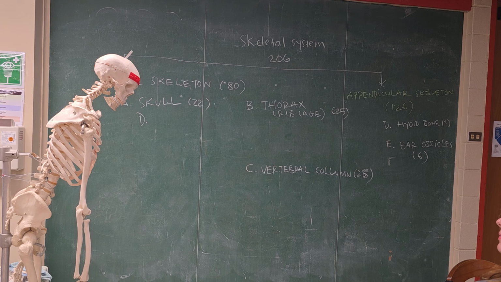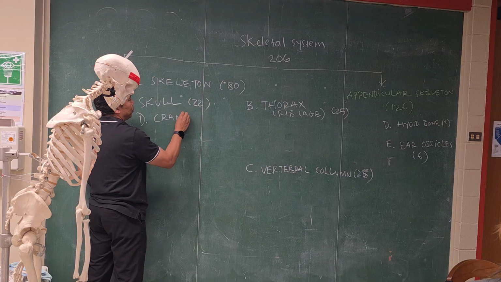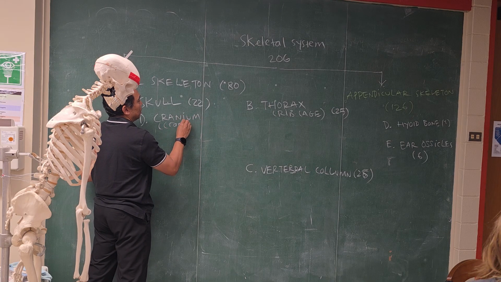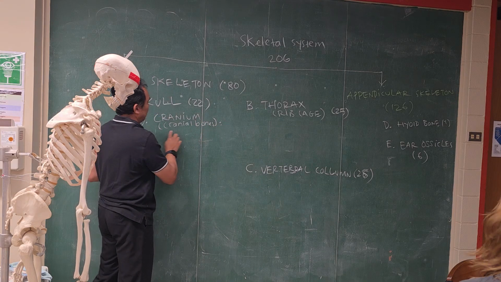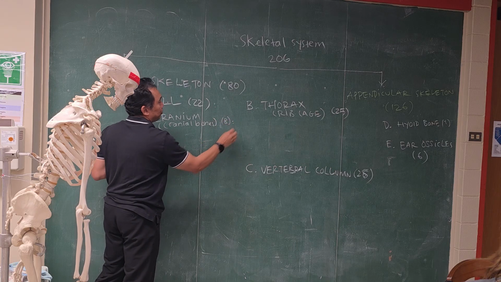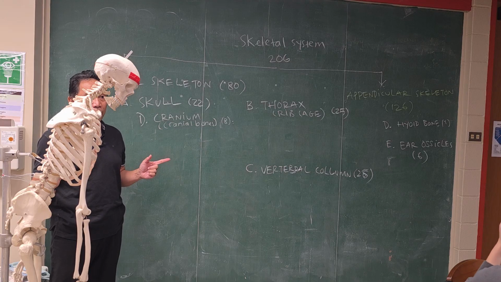Anybody know what is the name of this group of bones that protect our brain? It's called the cranium, or cranial bones. And there are 8 bones in our cranium.